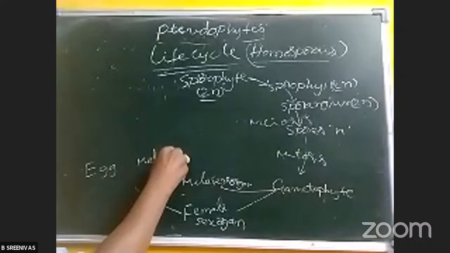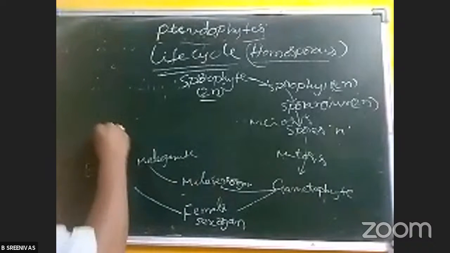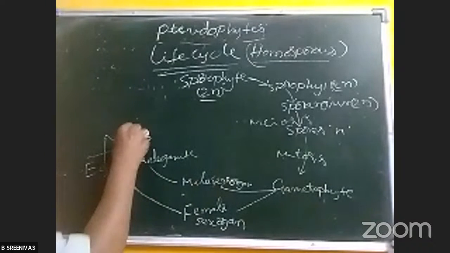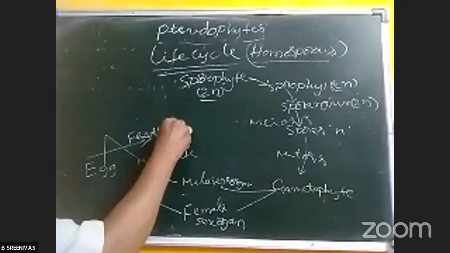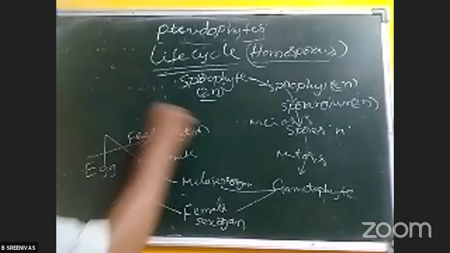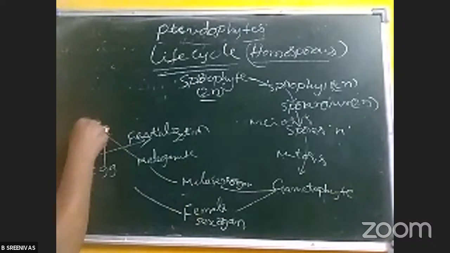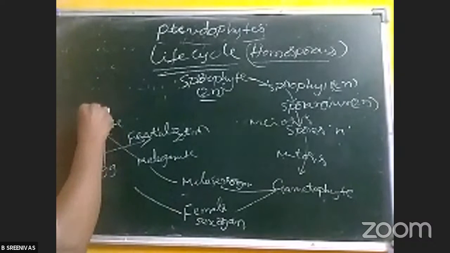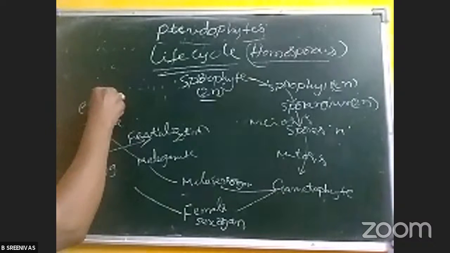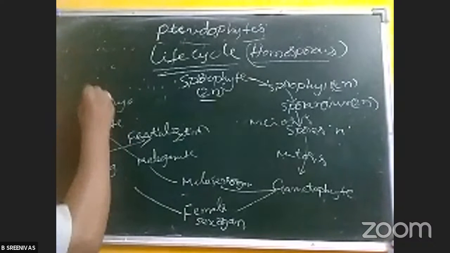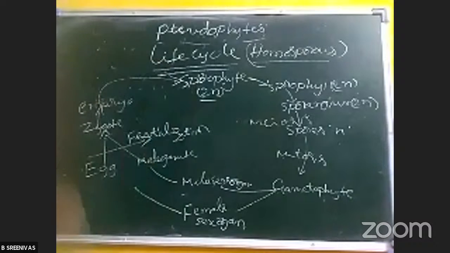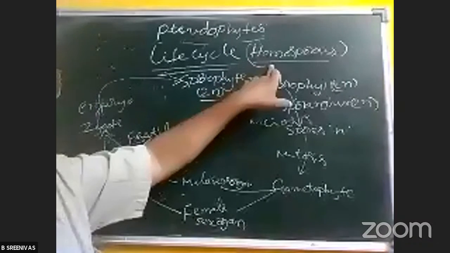These two cells fuse together; that process is called fertilization. Here the zygote is developed. Zygote develops into embryo, and embryo develops into sporophyte. So this is the life cycle seen in homosporous plants.